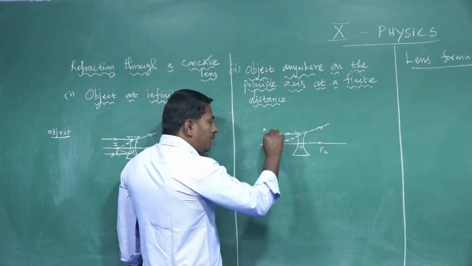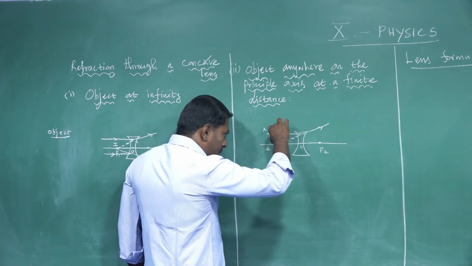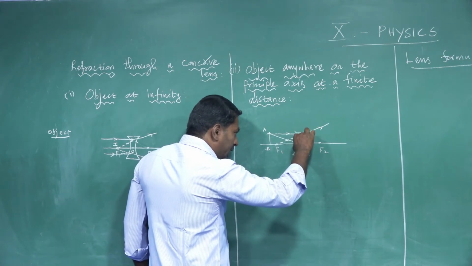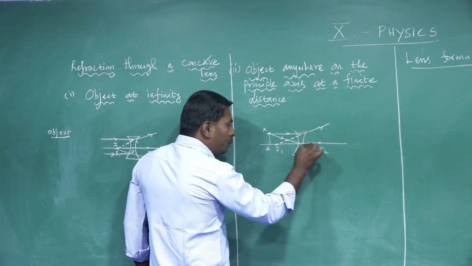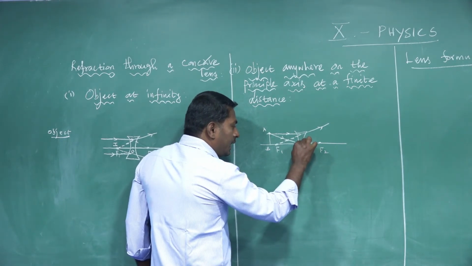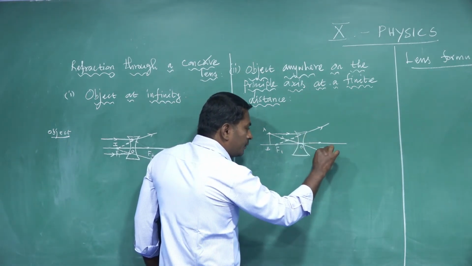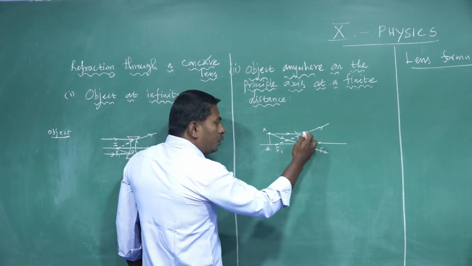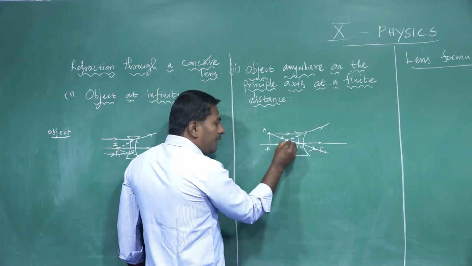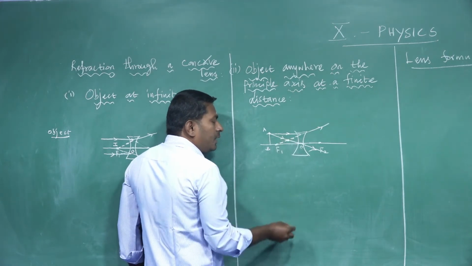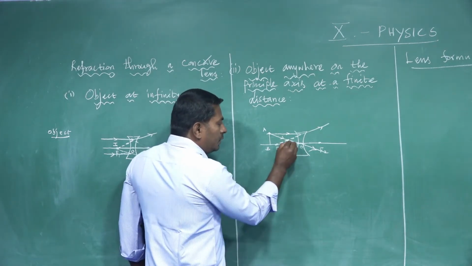Next, one ray coming from the object is incident on a concave lens at the optic center of the concave lens, and without producing any deviation, travels along this direction. There are two refracted rays. One refracted ray and another refracted ray intersect at this point, and the image will be formed.